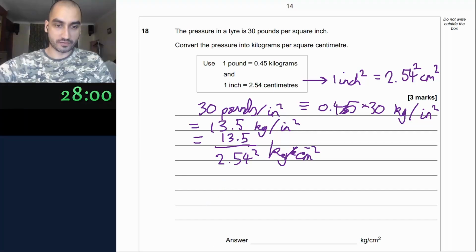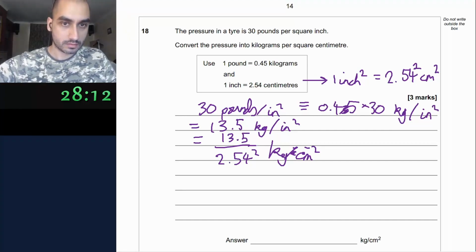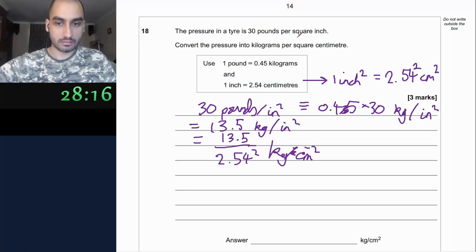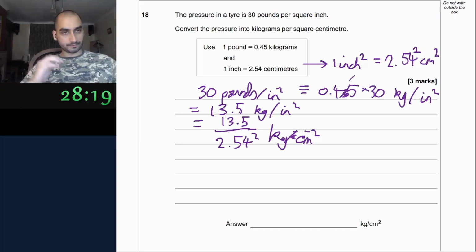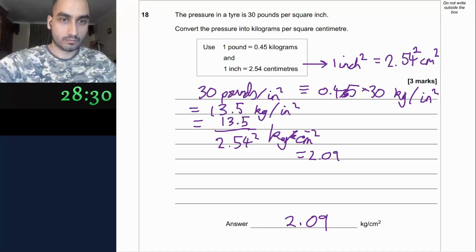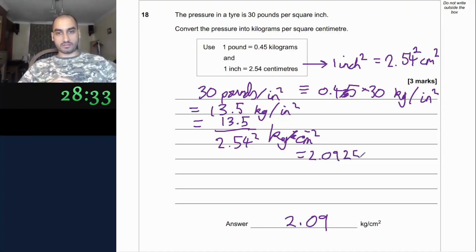13.5 divided by 2.54 squared. 2.09. Just put another couple of digits just to show that we did something.